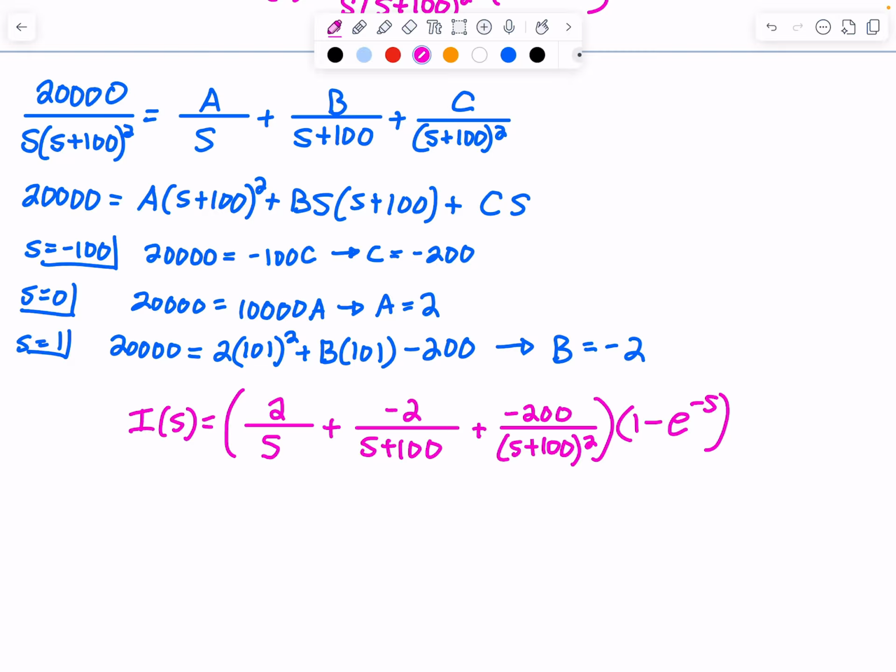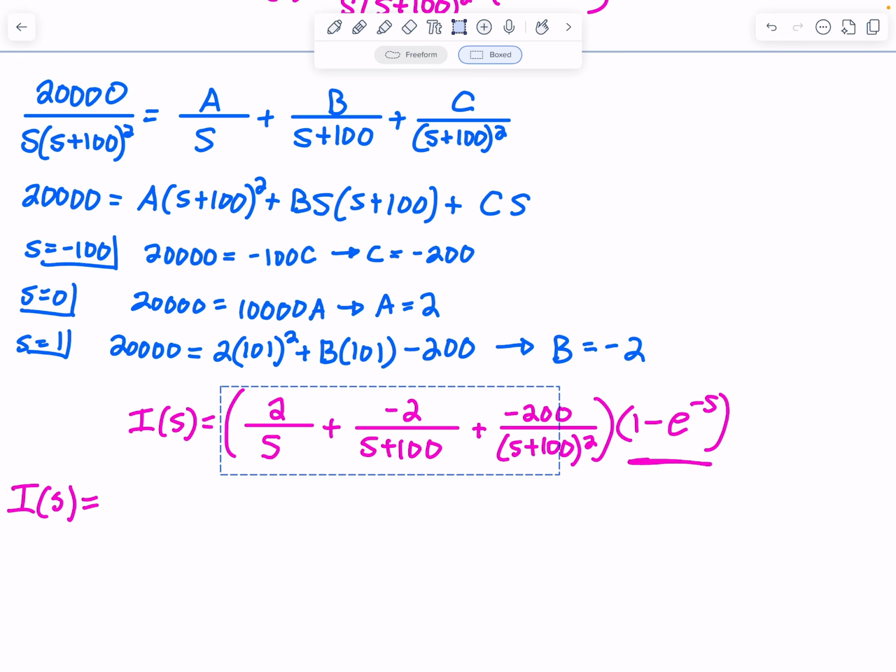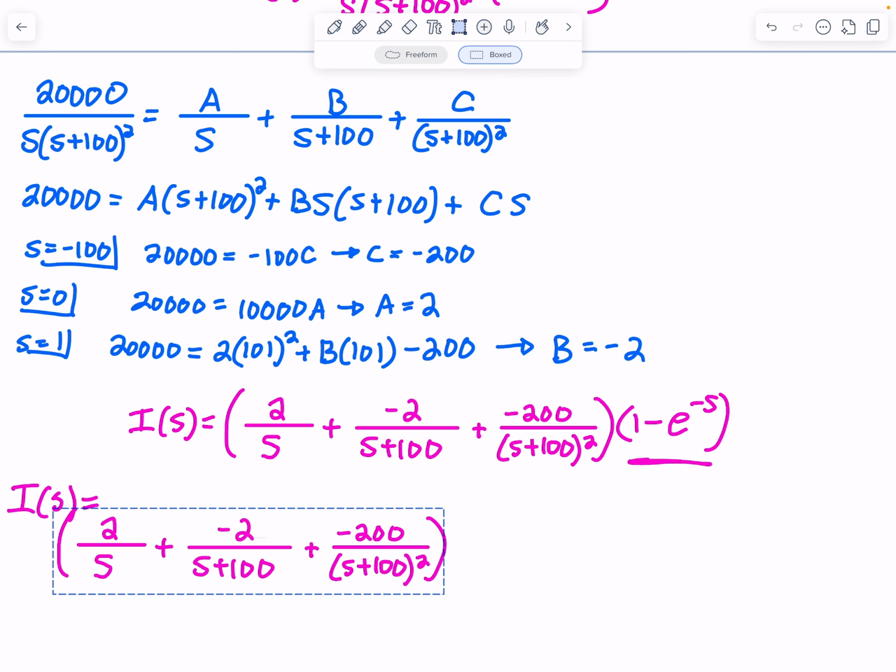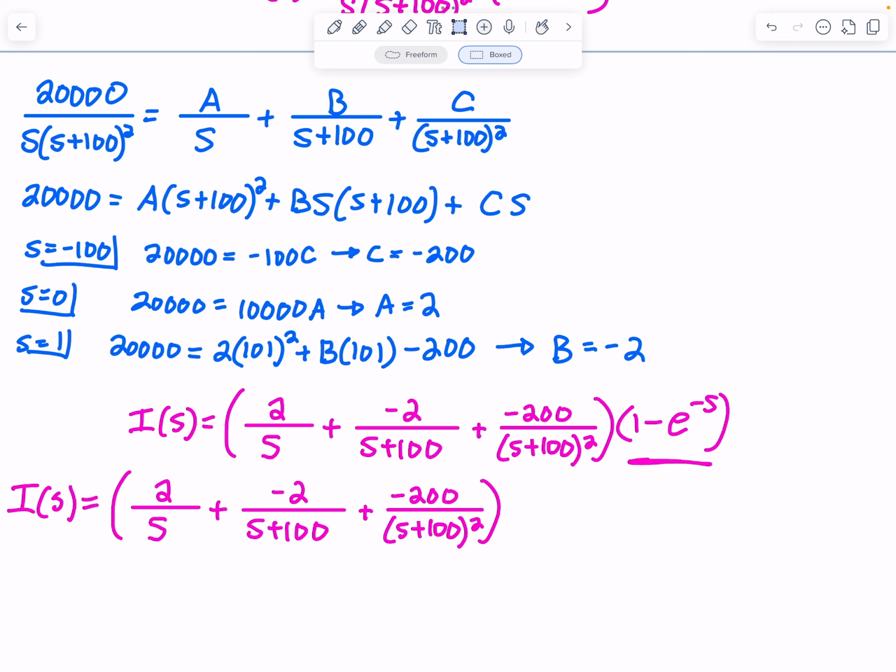All right. So what I'm going to do now, the three things in the parentheses here, those are pretty easy to take our inverse Laplace of. But we got this weird term connected to it. But notice it's just 1 and then minus the e. So what we're going to do is rewrite this thing. And forgive me, I'm going to copy and paste here. I'm just going to get the function and then minus e to the negative s of the same thing.